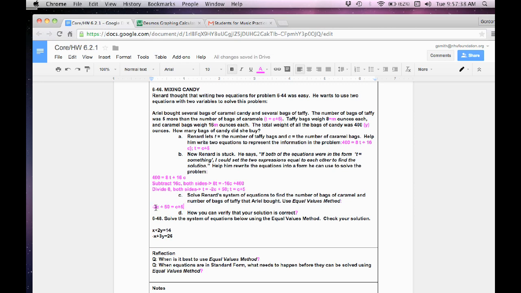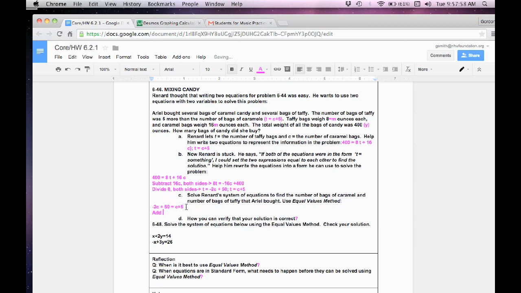Okay, so again, the reason we figured out that t is equal to negative 2c plus 50 was by converting this one until t was alone. And we figured out that t equals c plus 5 because the number of taffy was 5 more than the number of caramels. Okay, so now we're going to add 2c to both sides.